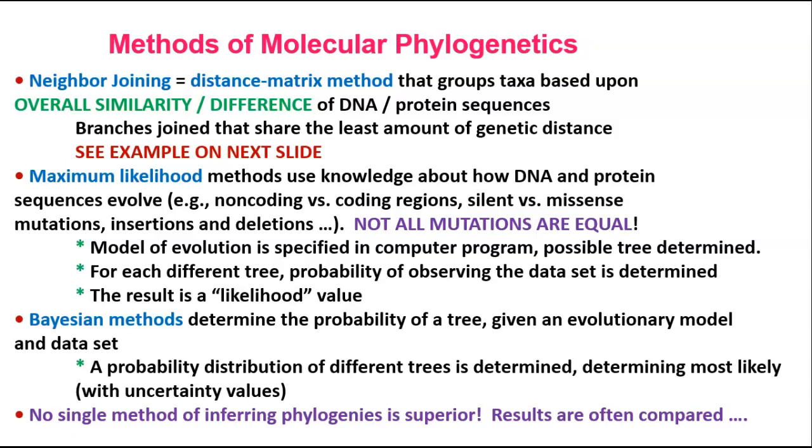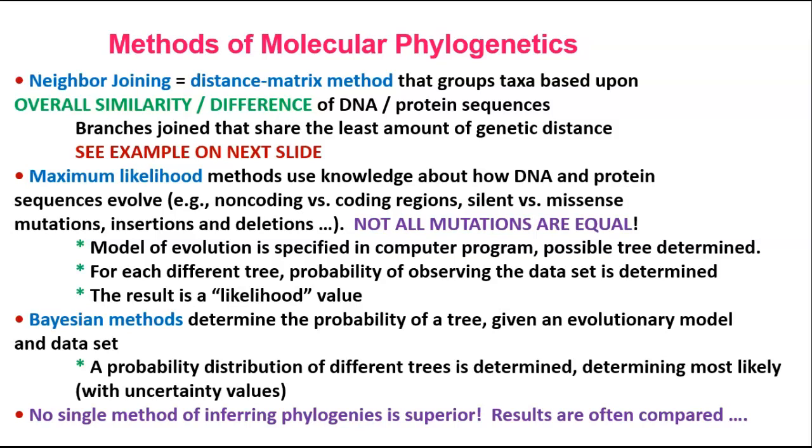So when somebody does a maximum likelihood analysis and they're writing up their methods in a research paper, they lay out which kinds of parameters they set in their computer program in terms of what was more or less likely in their analysis. So in a maximum likelihood approach, the model of evolution is specified in the computer program.